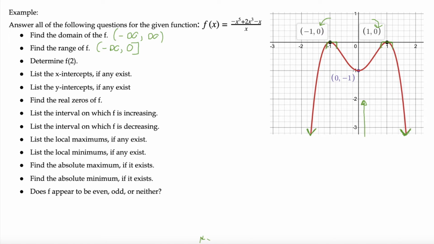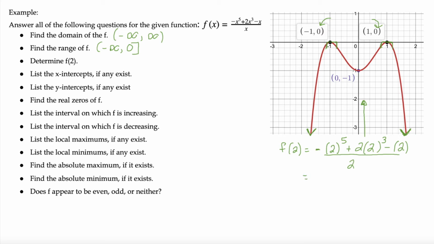Determine f of 2. So determining f of 2 isn't terrible. We can substitute into our equation. What is f of 2? The opposite of 2 to the 5th plus 2 times 2 cubed, minus 2, all over 2.